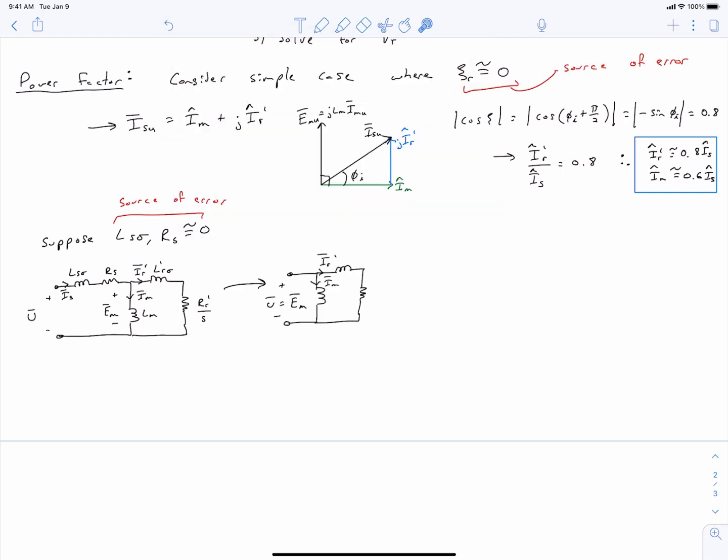And so our equivalent circuit then becomes this simple circuit over here. And we can draw our phasor diagram for this again. And now we can comment that our power factor is calculated as I described earlier.